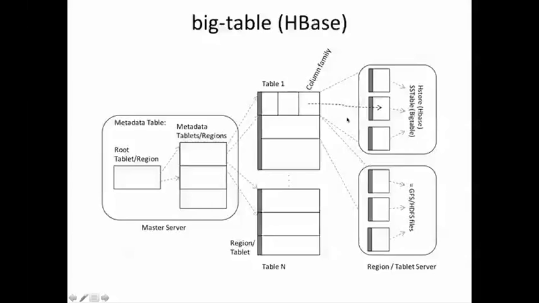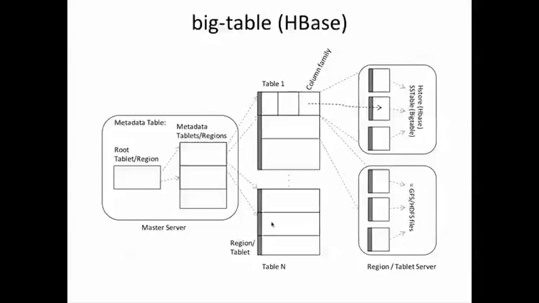Each such chunk is served by a tablet server, which takes care of 3 separate replicas as they are maintained in GFS, as we've seen before. And the tablet servers together form the entire big table.